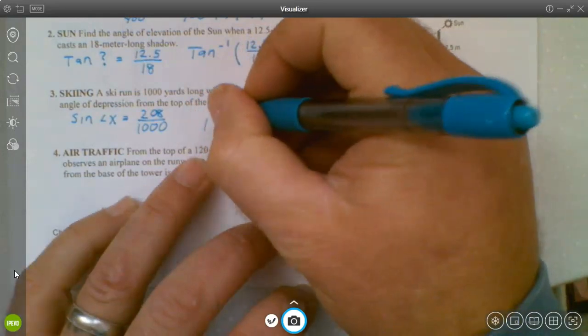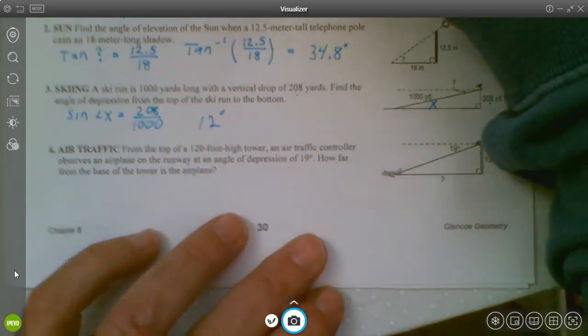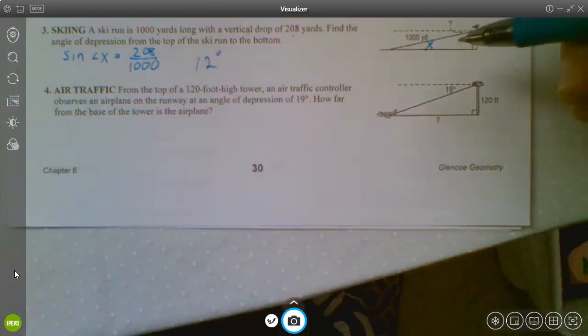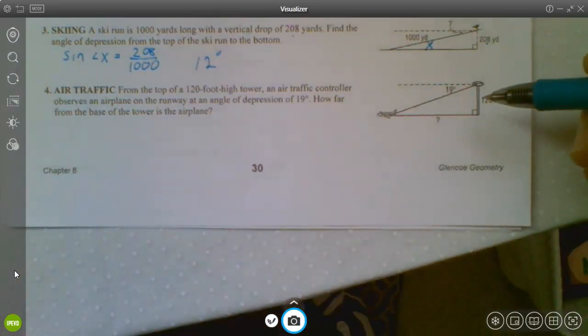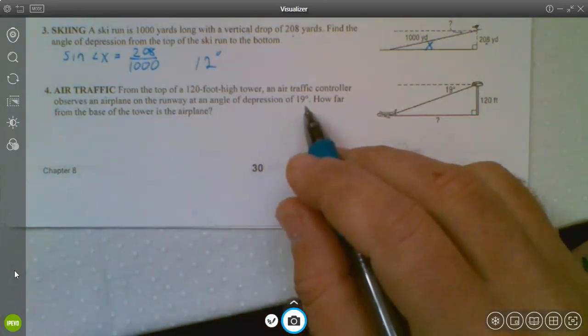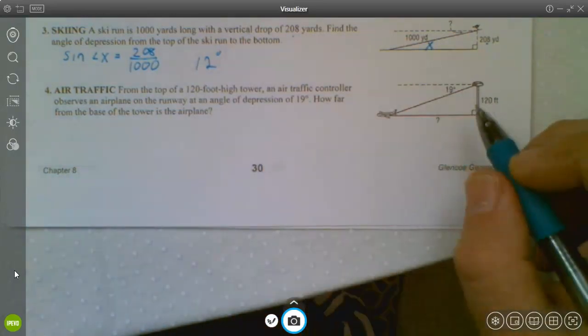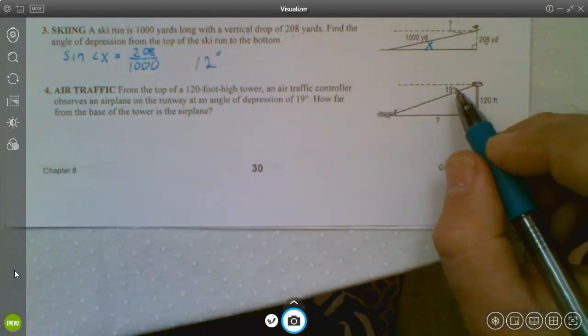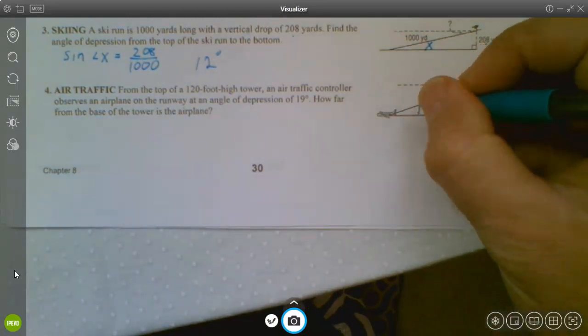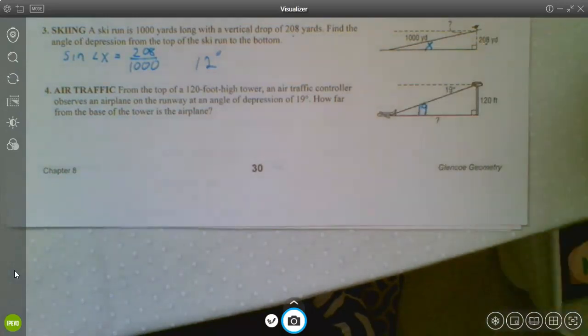All right, last one. From the top of a 120-foot high tower, remember that 120 would describe the height of a tower, so I know that's my vertical. It's telling me that I have an angle of depression of 19. Even though they put it here, just like we did in the last problem, if I was drawing this, I would put that here because I know that elevation and depression are equal.